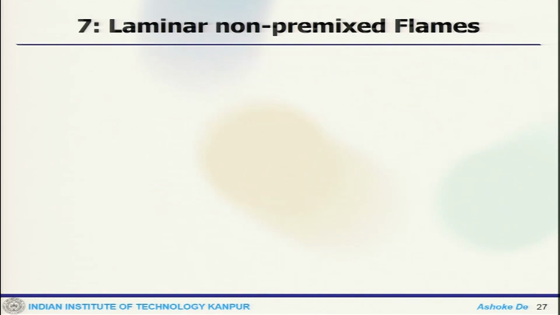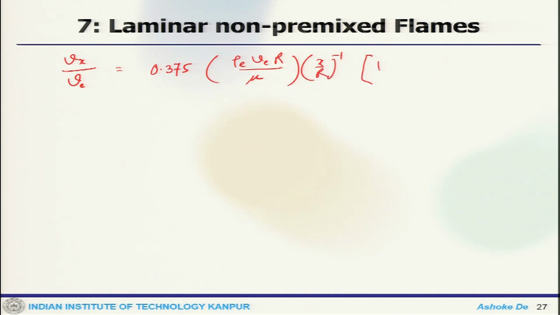Now, we can non-dimensionalize the axial velocity, that means in terms of Vx by Ve, which is the exit velocity of the jet. If you do that, this dimensionless form will look like rho_e v_e r by mu times 1 plus xi square by 4 to the power minus 2.